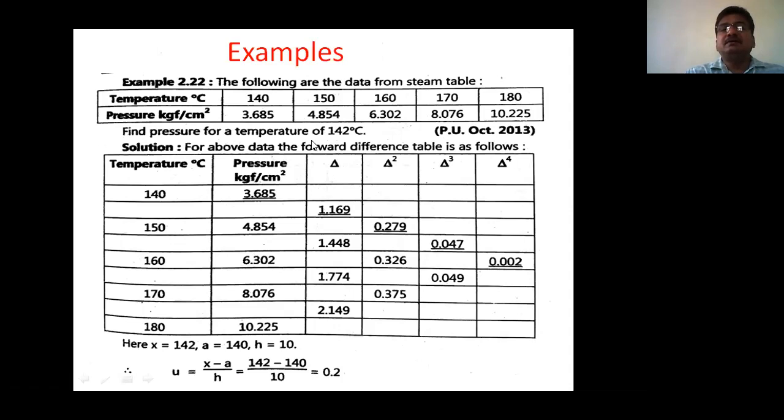But here in the first problem, the values are equidistant: 140, 150, 160, 170. The distance is 10. But what is the question? We have to find the value at 142, and it is at the beginning of the table. That's why Newton's forward formula is powerful here. We can also use Newton's backward difference formula, but there are huge calculations.